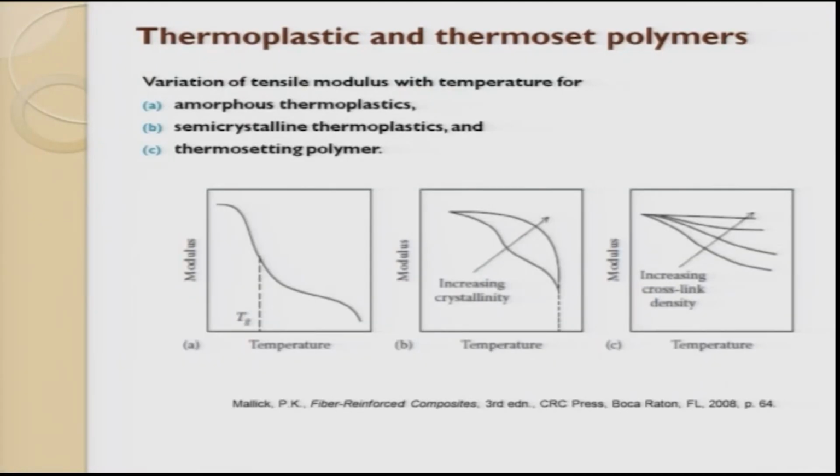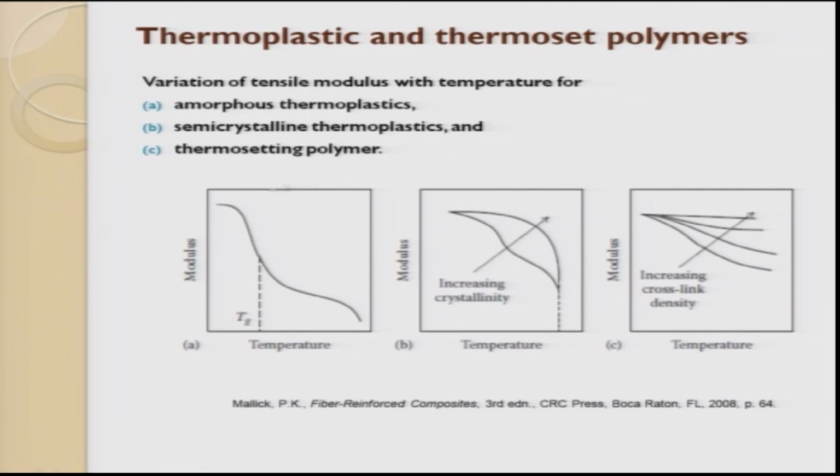So here are some of the properties, various properties which we have compared. You can see here the first one is modulus with respect to temperature. Since it is a polymer, it does not have an exact point of transition from solid to liquid. It gets into a zone and then it gets converted into a liquid form. This is called the glass transition temperature.